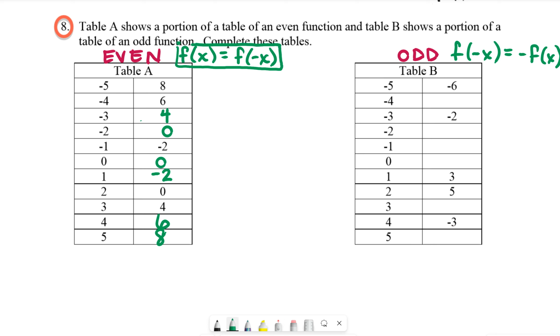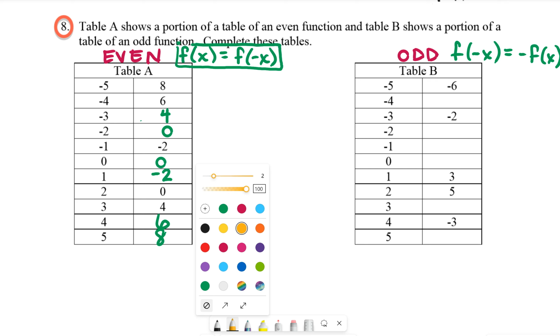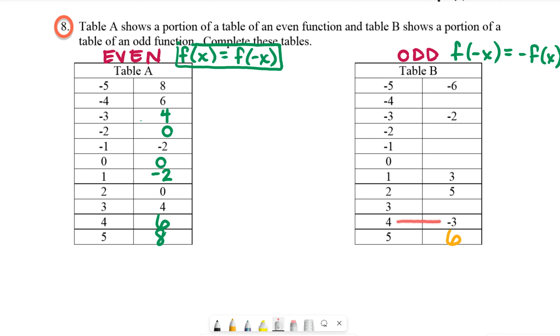So if negative 5 is giving us a negative 6, that means positive 5 is going to give me a positive 6. If 4 is giving me a negative 3, my 4 is paired up with negative 4. That means negative 4 is going to give positive 3.